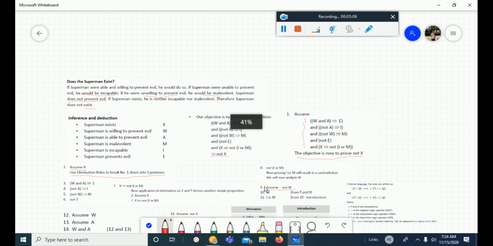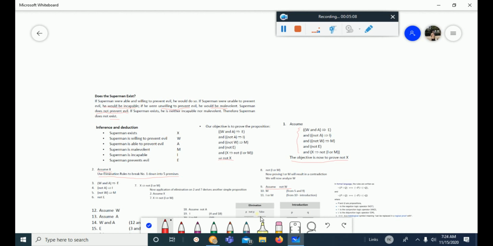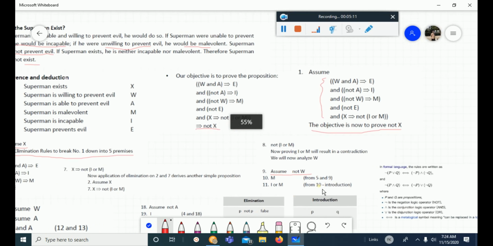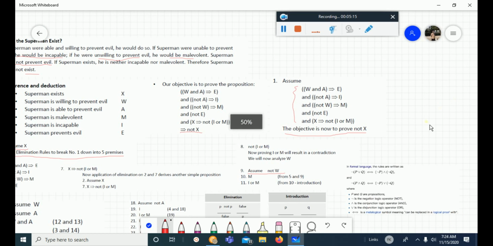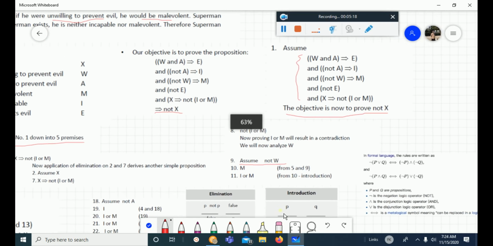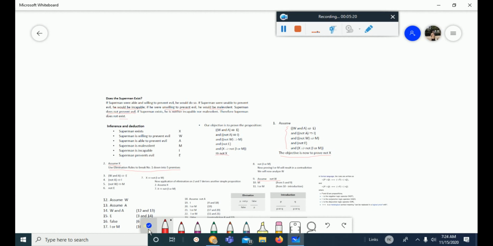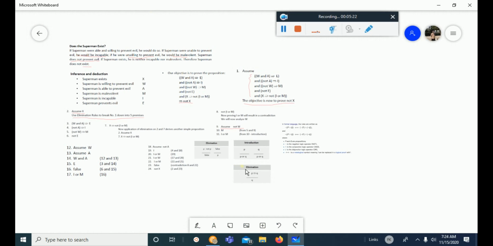In the last lecture, you heard that there are elimination rules, so we will look into how they work.